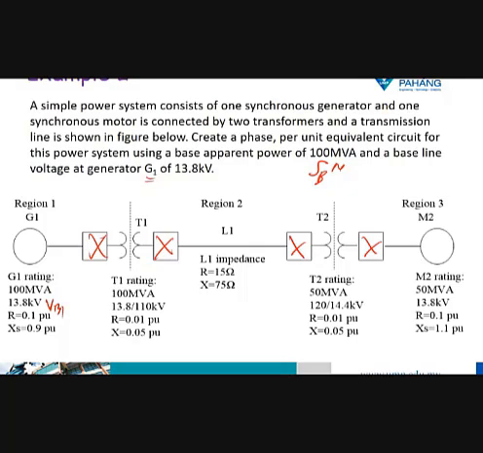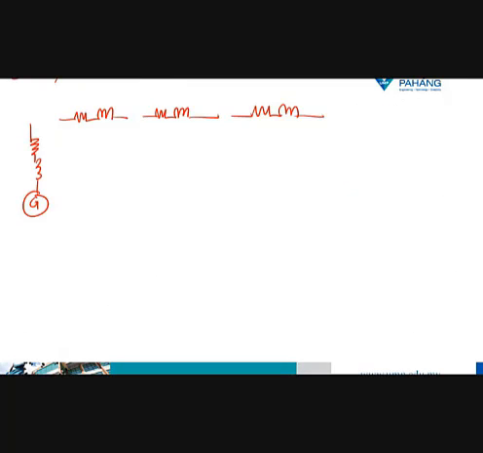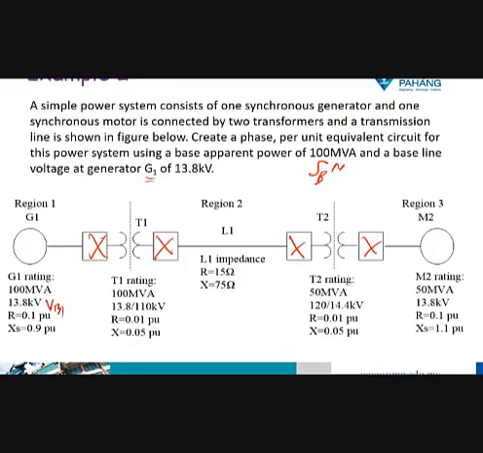We have the resistance and inductive reactance for the generator, transformer 1, transmission line, another transformer, and the motor. These are all the elements in this single line diagram.